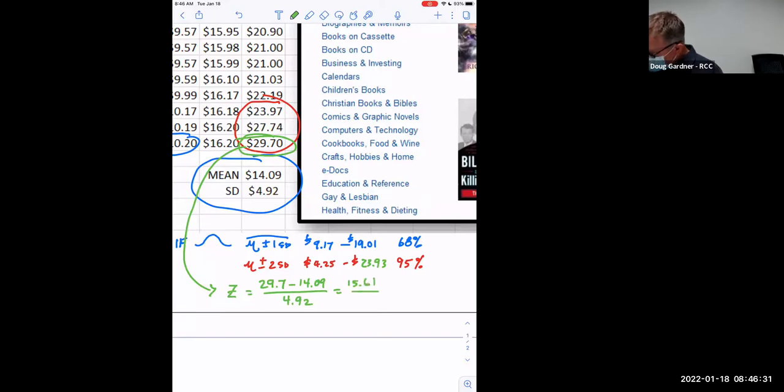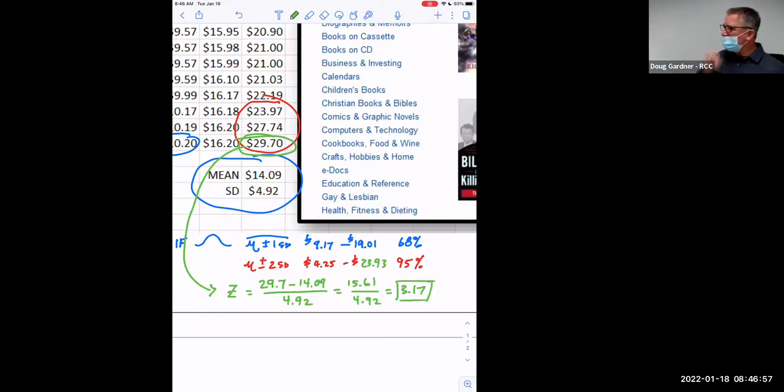Again, you should understand what that is. That tells you this person charged 15 bucks and 60 cents over the mean, like almost double. In other words, they charged double for their book. Wow, it's a positive number. Doesn't mean much until you divide by the standard deviation, and you do get about 3.17.